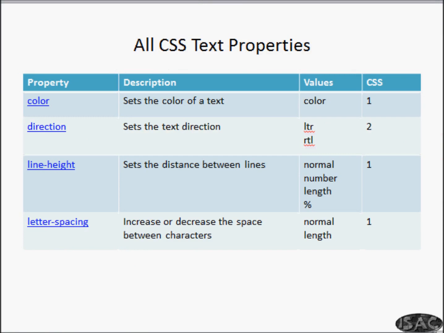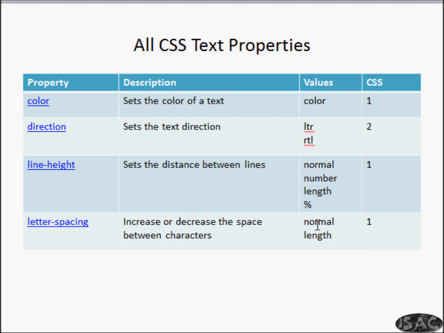So color, we can say color. In direction we can say LTR or RTL, meaning left to right or right to left. By default it is left to right. Line-height you can give as a percentage or normal. You can pass some number.